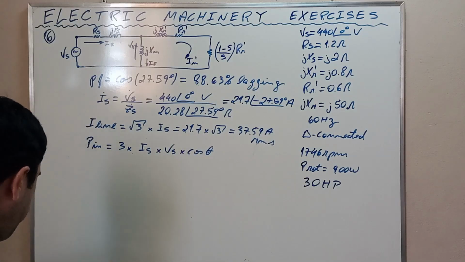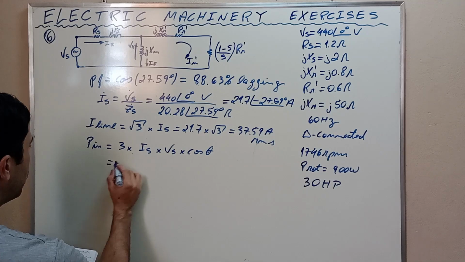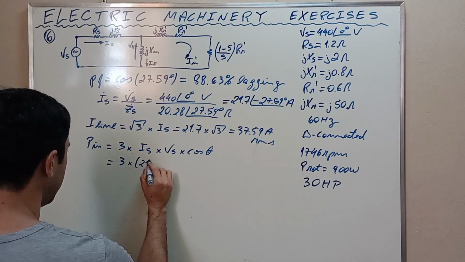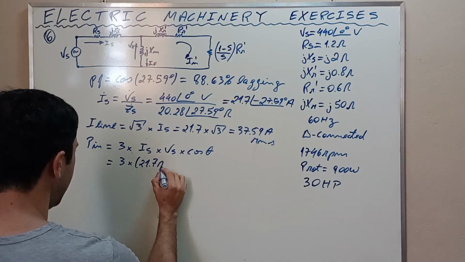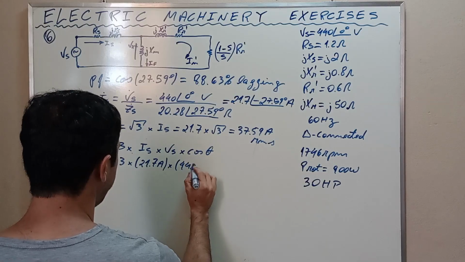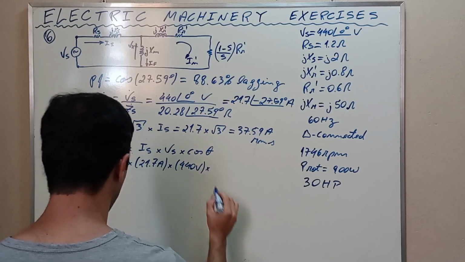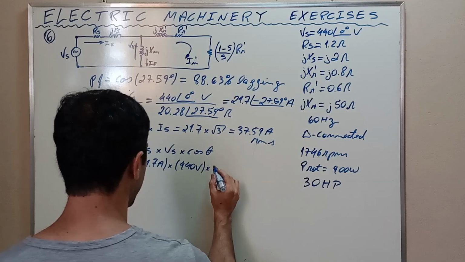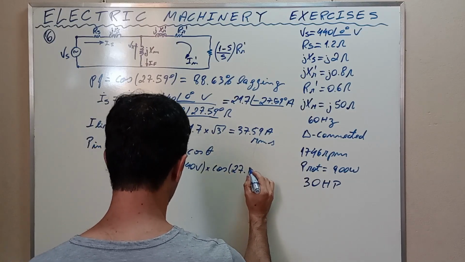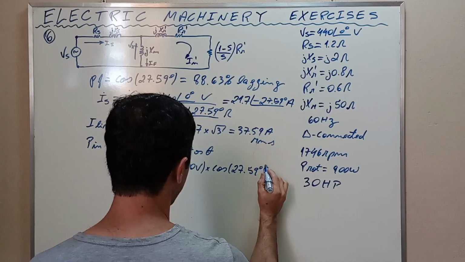This is equal to 3 times 21.7 amps times 440 volts times the cosine of 27.59 degrees.